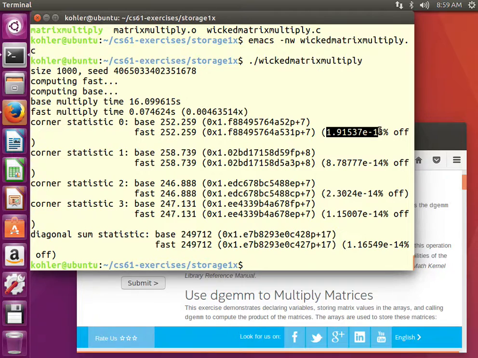It's only like 10 to the minus 13th percent off, so off by a multiplicative factor of 10 to the minus 15. That is unlikely to matter for anybody. What we see if we look at the hexadecimal versions of these floating point constants is that usually the last two hexadecimal places are off by a little tiny bit. So we're paying something in precision for this very fast multiplier.